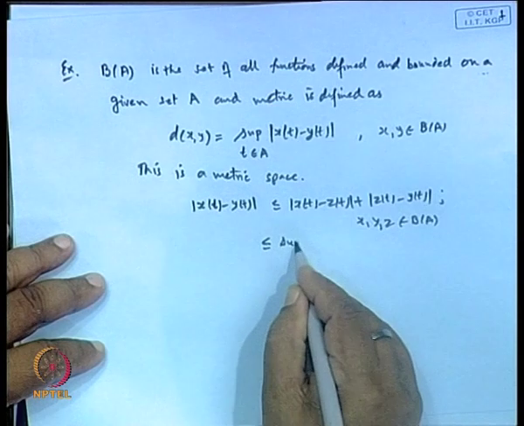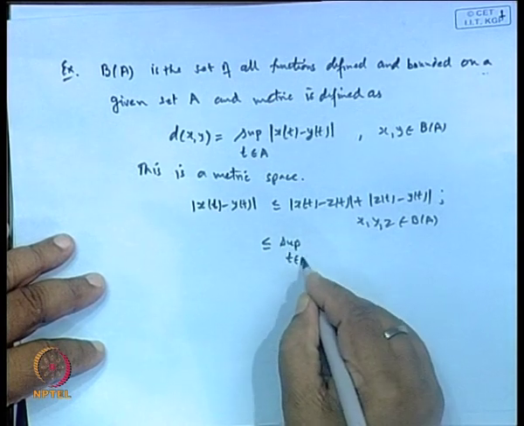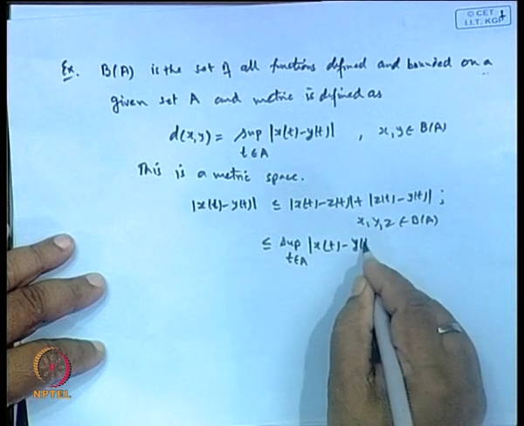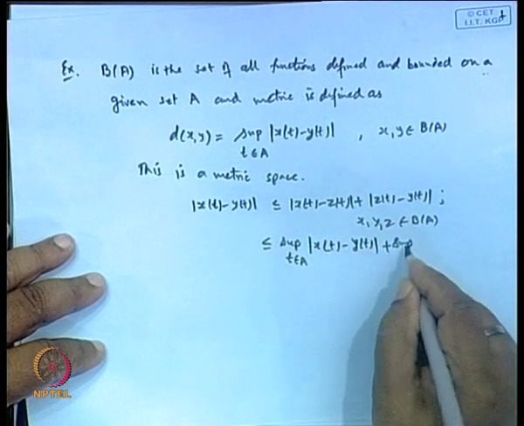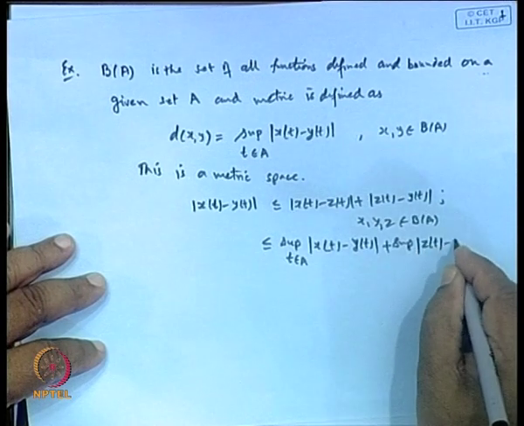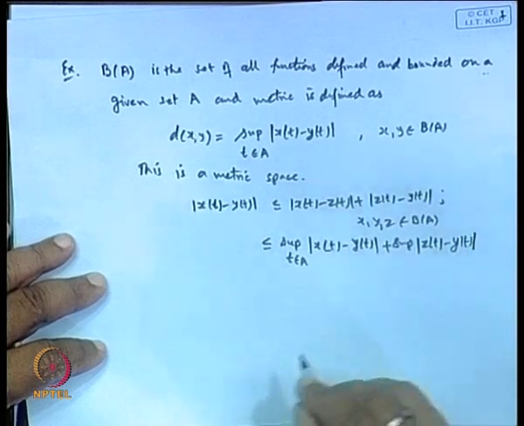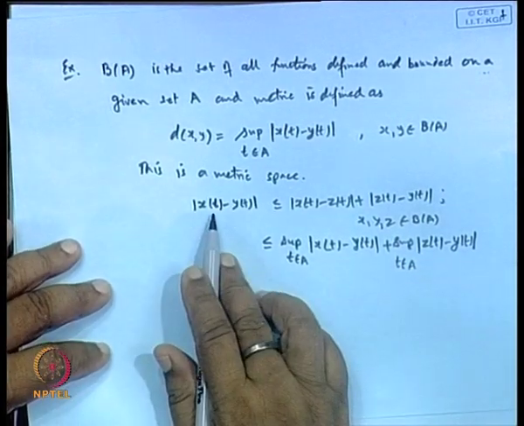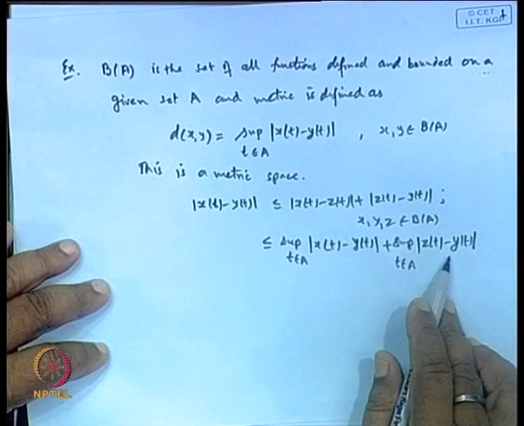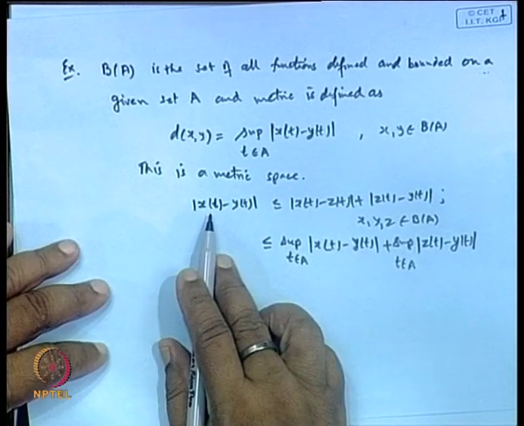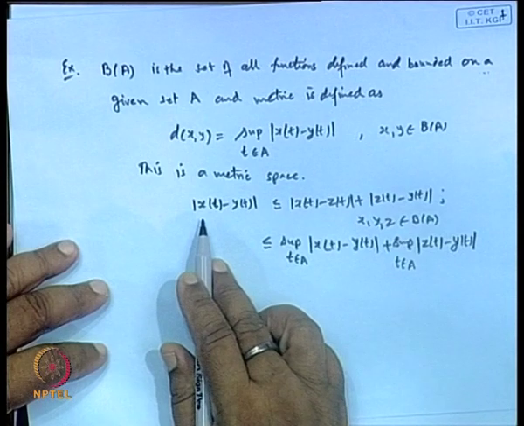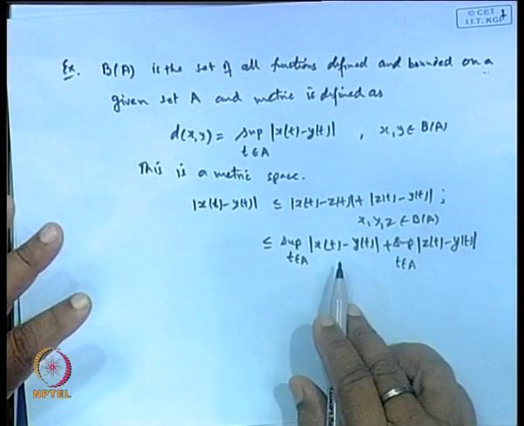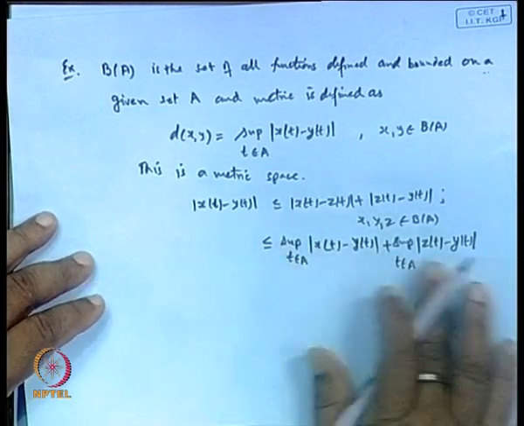The left hand side depends on t, but the right hand side is independent of t, because once you take the supremum, this is a finite thing.